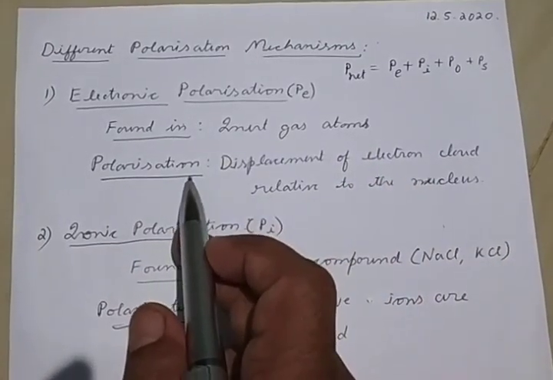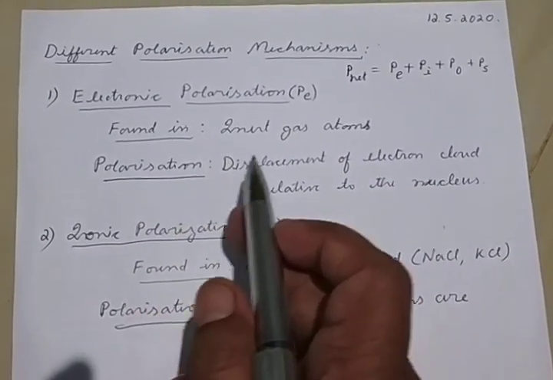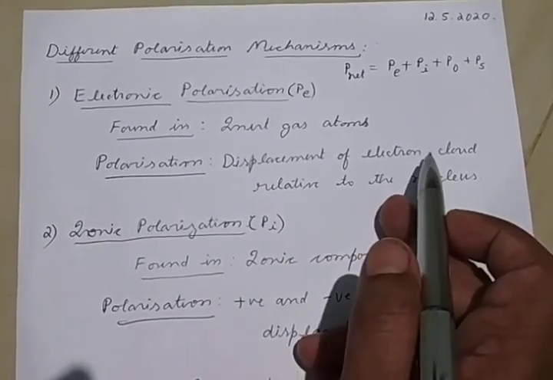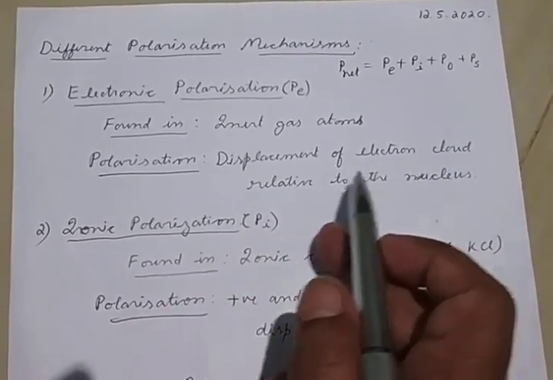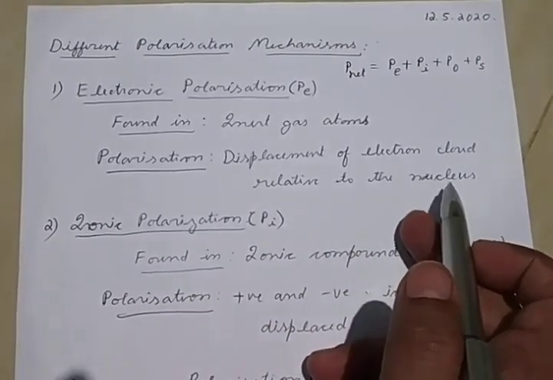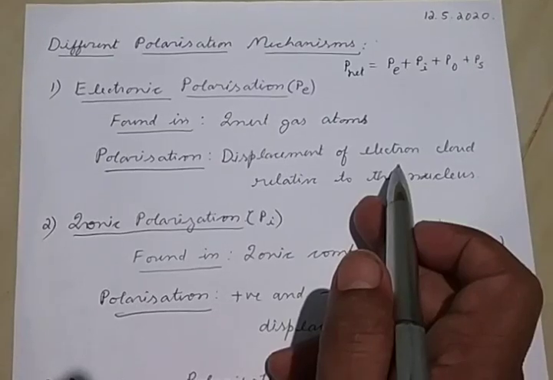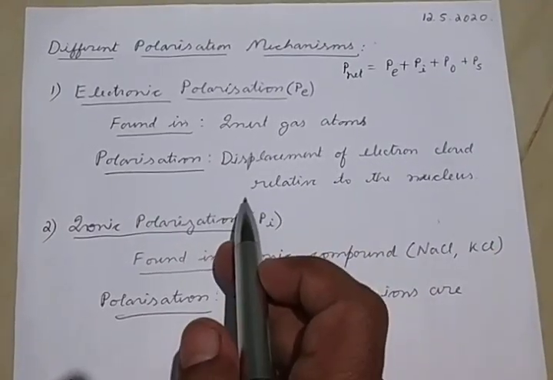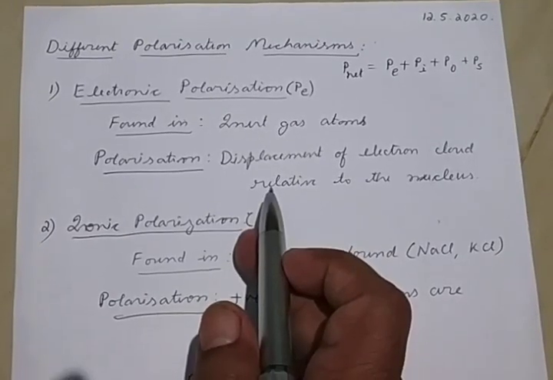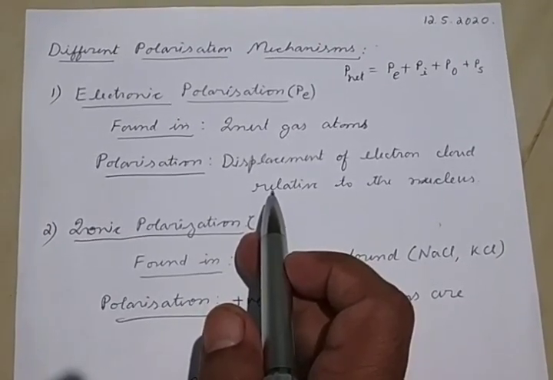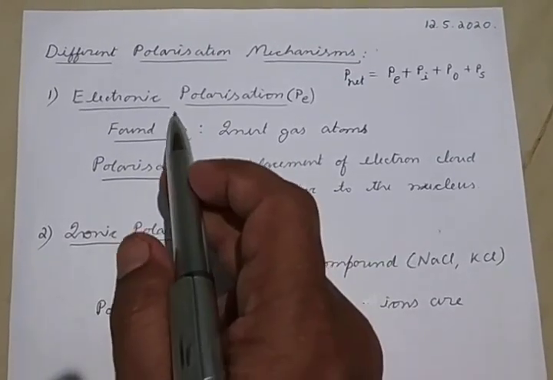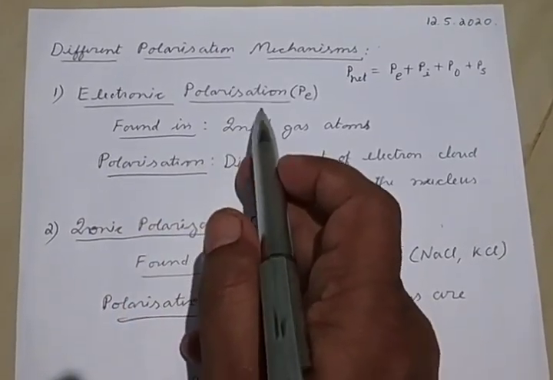So how is the polarization going to happen here? It is by the displacement of the electron cloud in the atom in relation to the nucleus. The nucleus will be shifted to one end and the electron cloud will be shifted to the opposite end. That way each atom will become polarized, and that is the basic type of polarization that will happen in a material, called the electronic polarization.